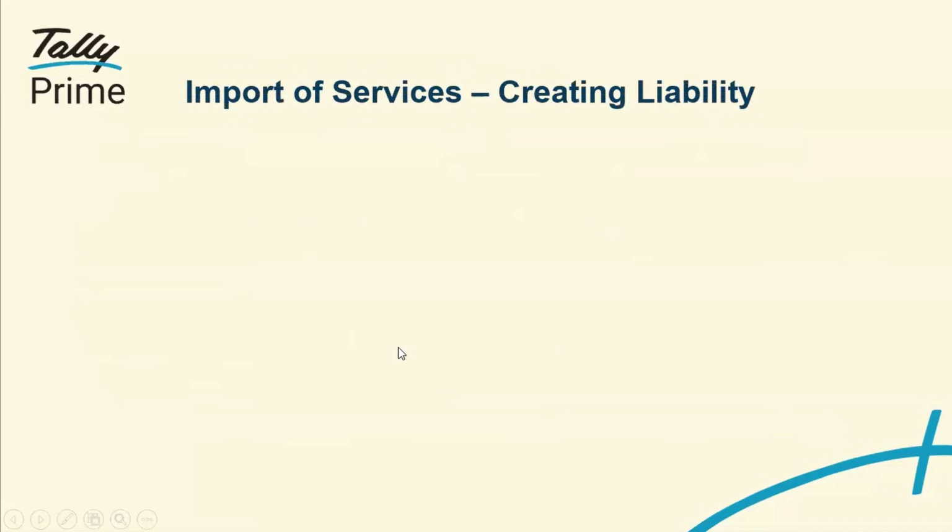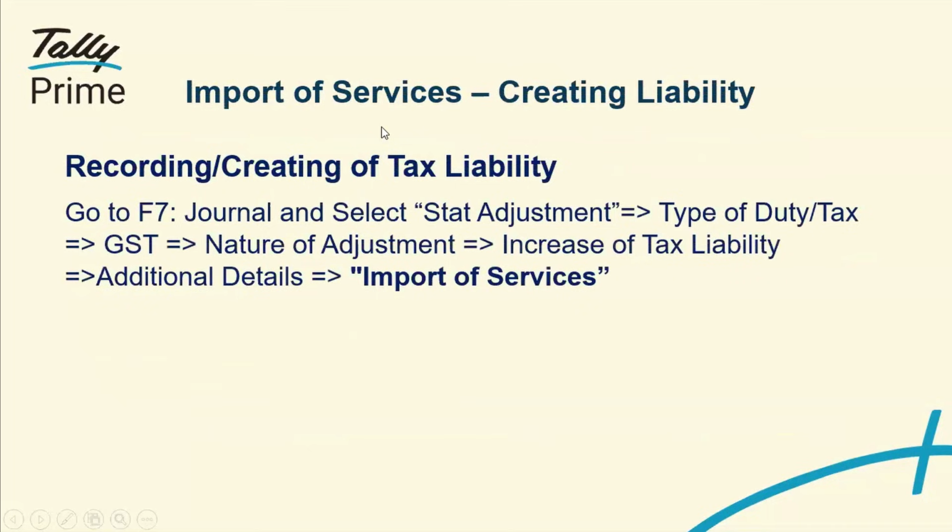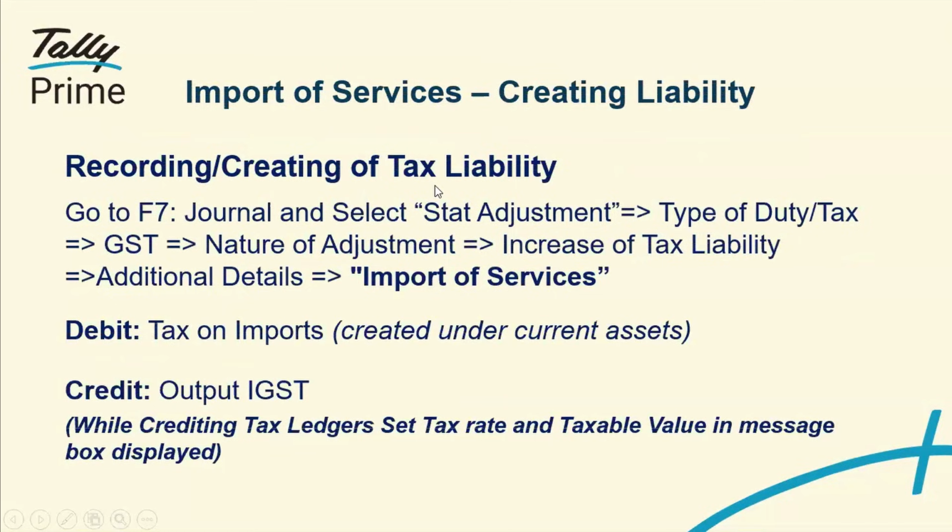Then as far as the import of services is concerned, as I already told you, it's a peculiar requirement wherein the liability is created similar to our reverse charge mechanism. The liability is created by us separately. For this, I have a temporary ledger, tax on imports. I create this liability first on import of services under this category: stat adjustment, type of duty GST, nature of adjustment increase of tax liability.